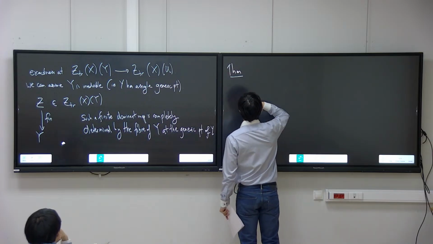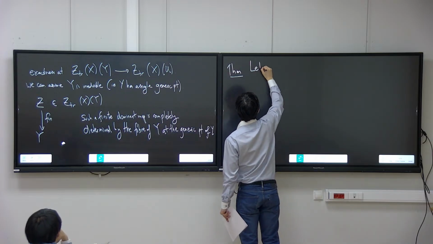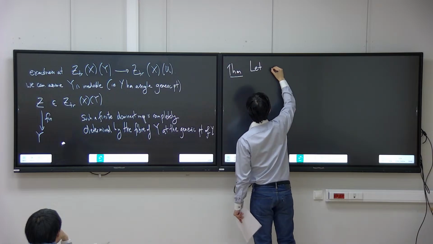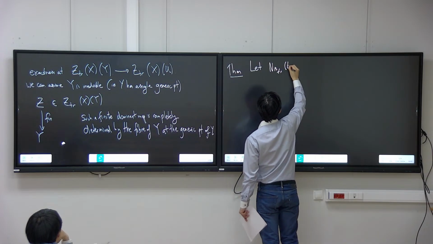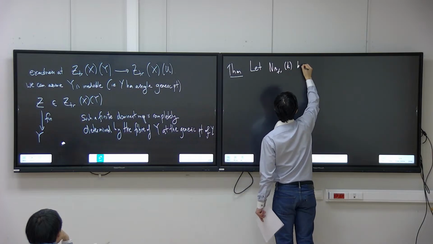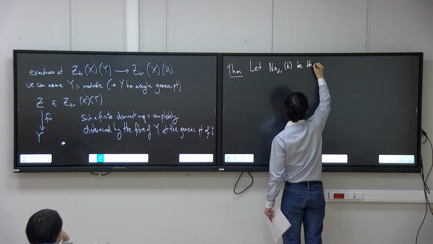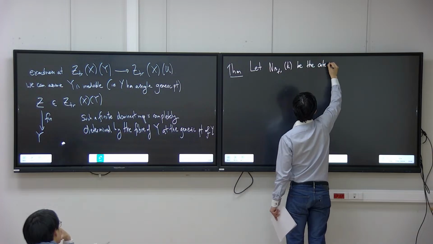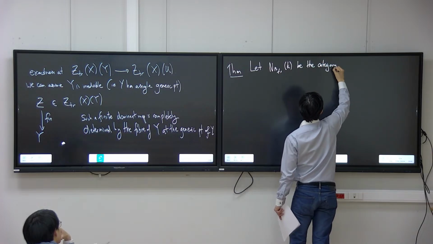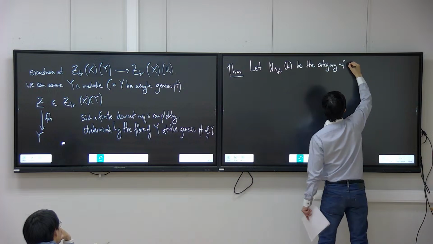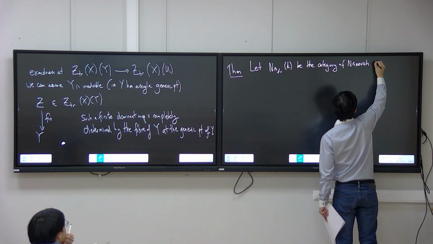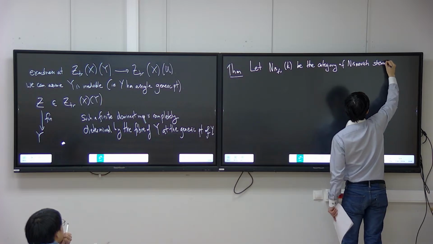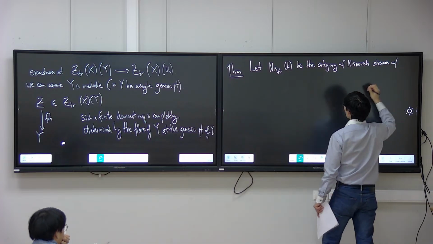Maybe I didn't introduce some notation, but let Nis_tr k be the category of Nisnevich sheaves with transfer.